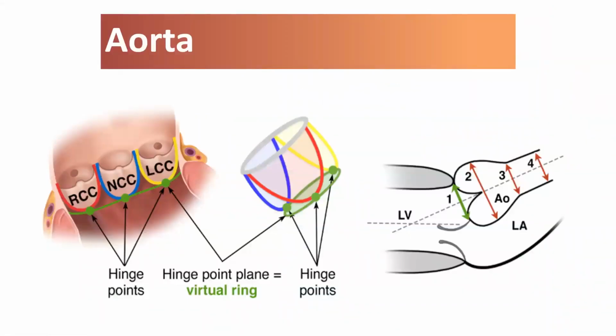Let's finish up in the last minute or two talking about the quantitation of the aorta. As you know, there is a virtual annulus that is formed by the lowest portions of all three cusps. And if you join all three cusps in a virtual ring along the hinge points, you have the virtual annulus.